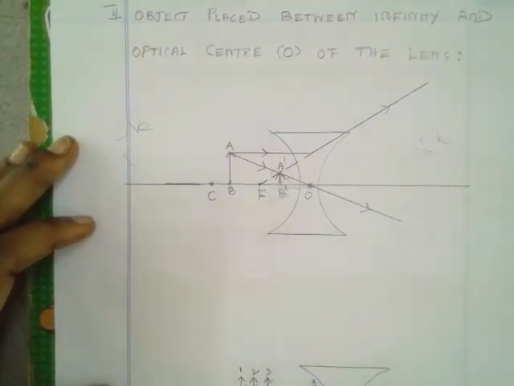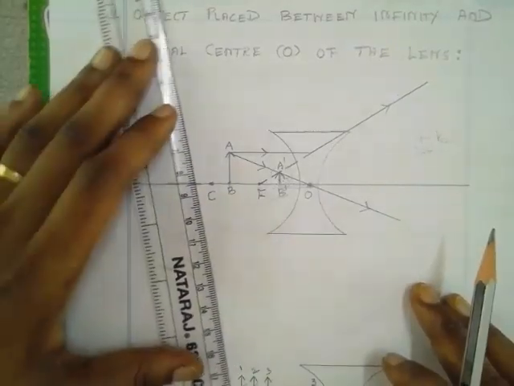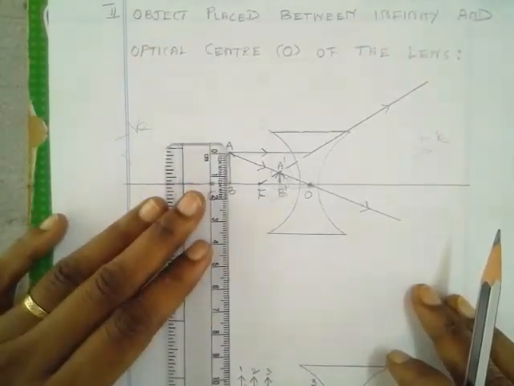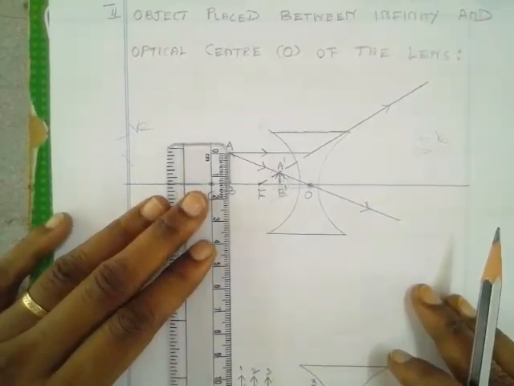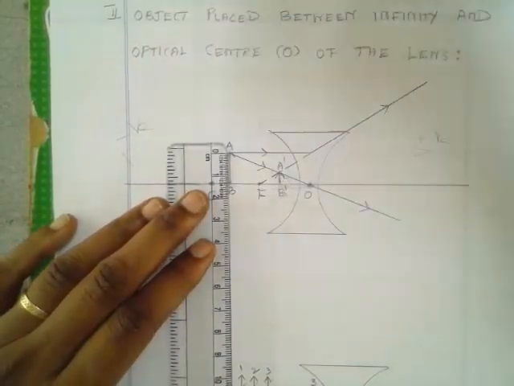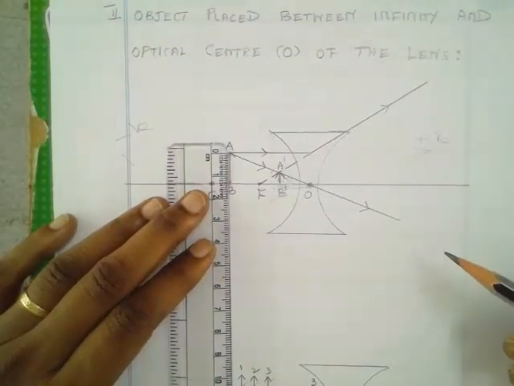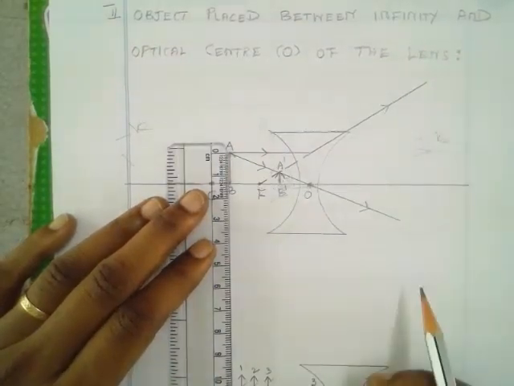The distance measured upward and perpendicular to the principal axis is taken as positive. This is the upward direction, at the same time perpendicular to the principal axis.